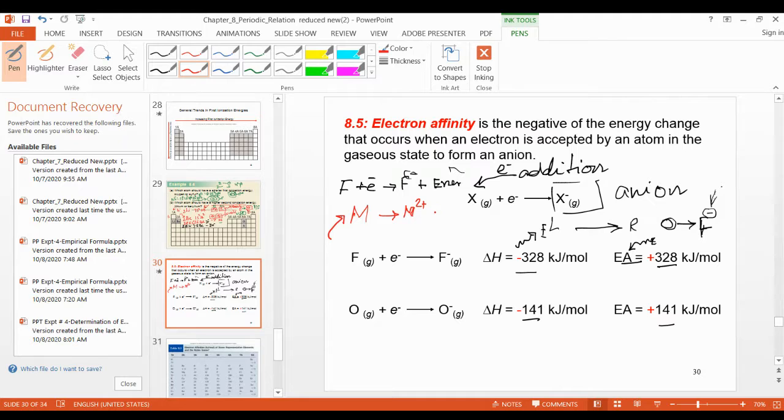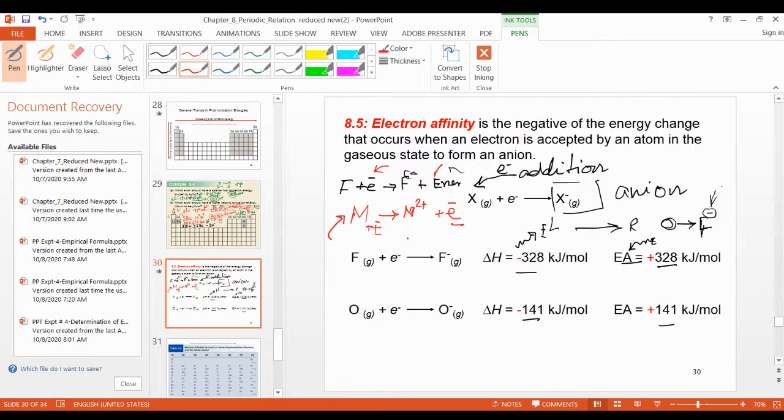So the electron is released, and energy is added. But here the electron is added and energy is released. If you add energy, an electron is released. This is the difference between ionization energy and electron affinity.